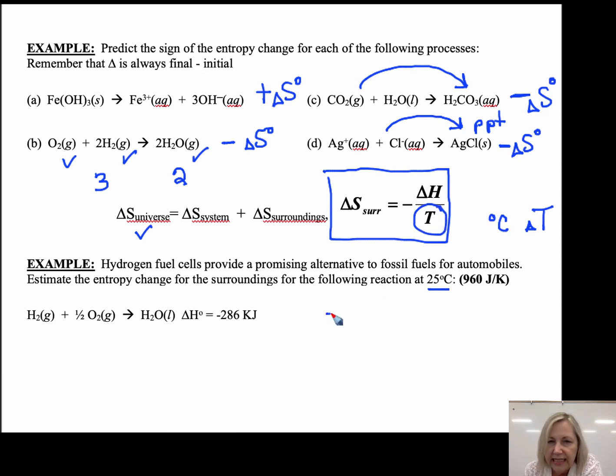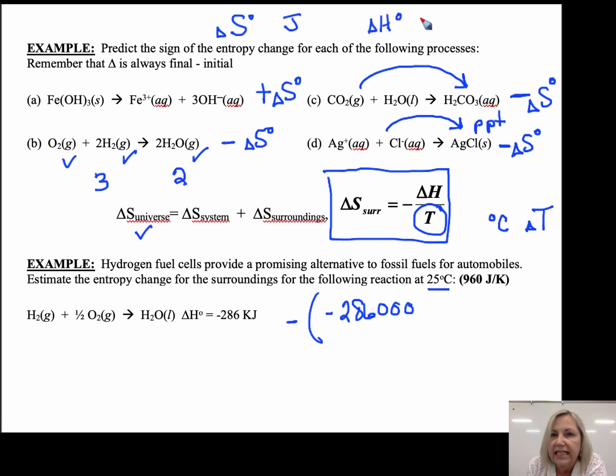So in this case, it's going to be minus 286,000. I'm going to get it to joules. You'll find that entropy is typically in joules, enthalpy is typically in kilojoules. So be careful. Over 298 Kelvin, and we should get 960 as our answer for the change in entropy of our surroundings.